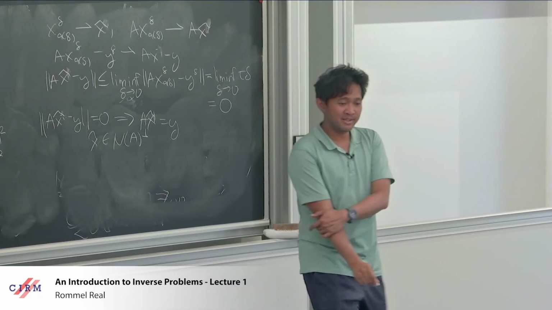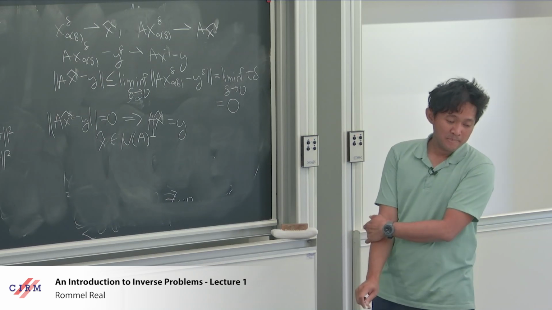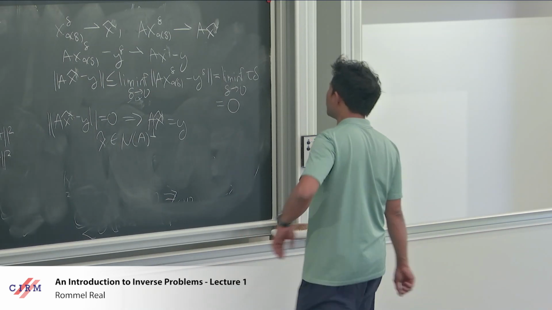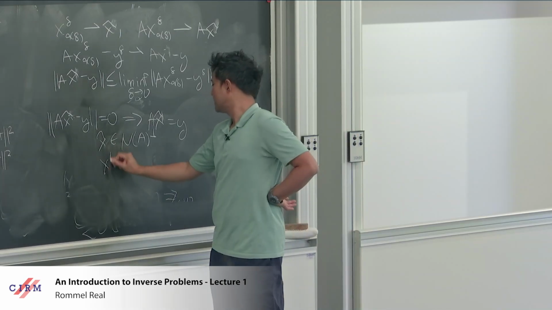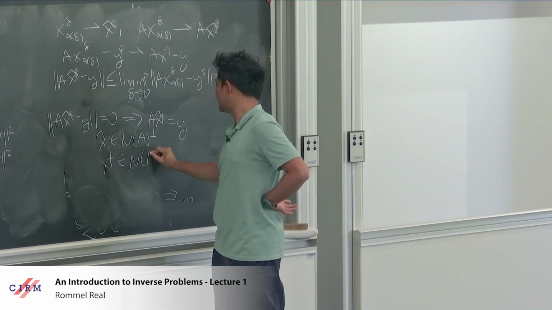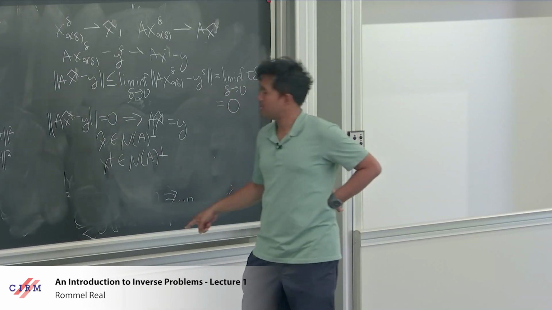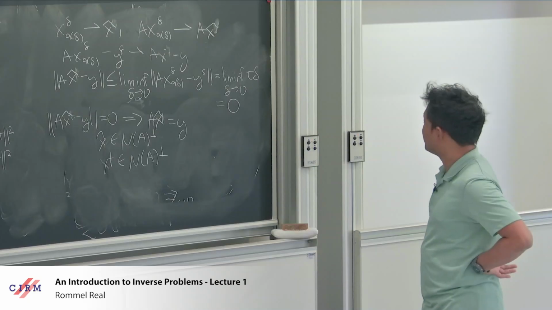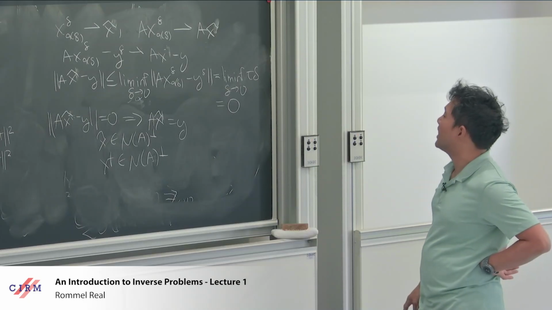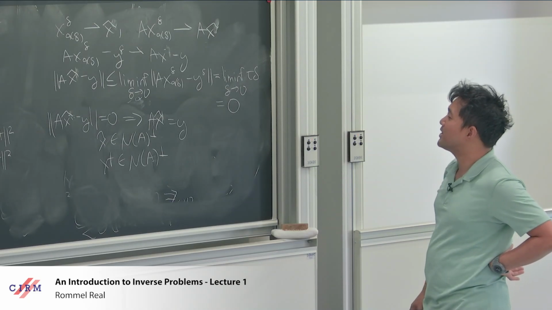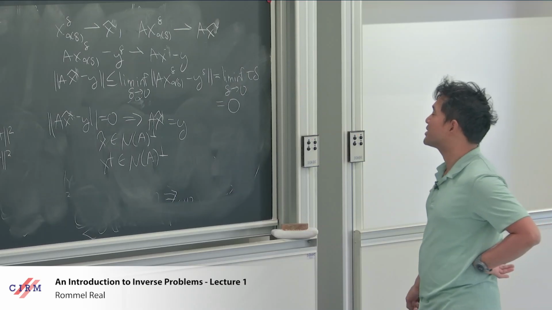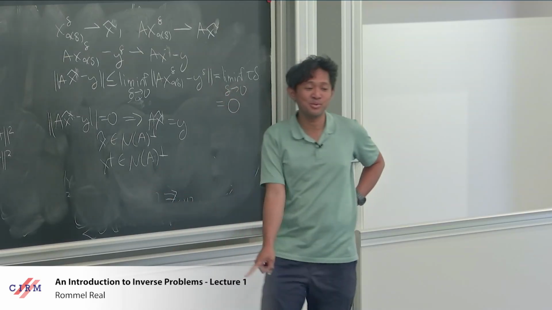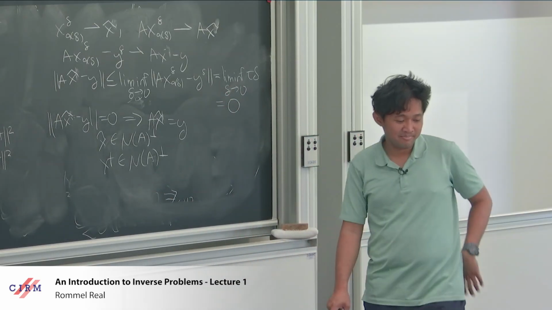However, we know that the minimum norm solution is unique and it belongs to the same space. That means only one thing: the limit of the regularized solutions must actually be the minimum norm solution, x dagger.